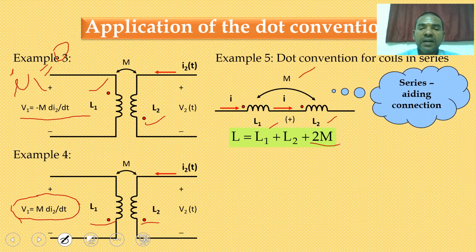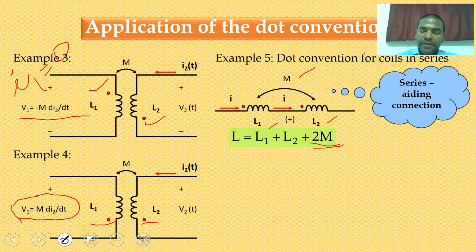Are you understanding? For the first current of the first coil, the mutual inductance developed with respect to the second coil is M. For the second current, for the second coil, the mutual inductance with respect to the first current is also M. So M plus M is 2M.